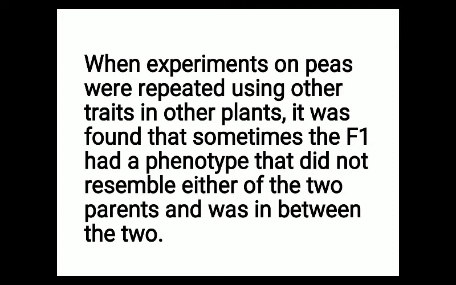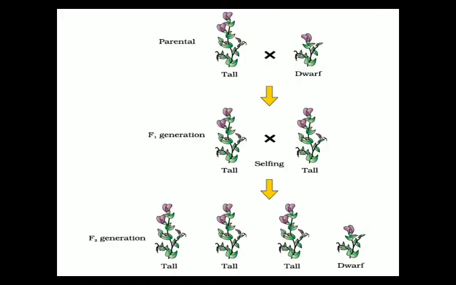So in case of incomplete dominance, what will happen? Normally the F1 progeny obtained will resemble either of the two parents. But in case of incomplete dominance, the phenotype did not resemble either of the two parents and was in between the two. This is incomplete dominance.